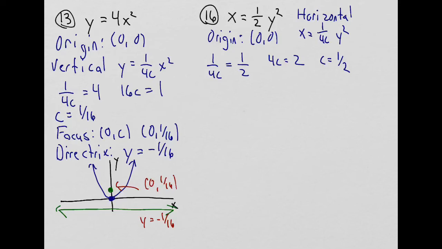I can get my focus and directrix. My focus, since this is a horizontal one, looking at the equations for horizontal, is (c, 0). So that's going to be (1/2, 0).